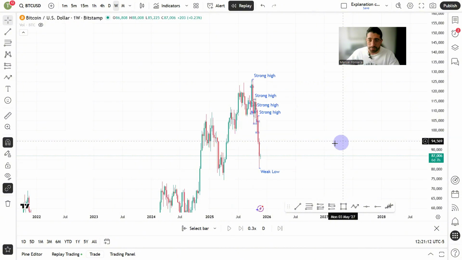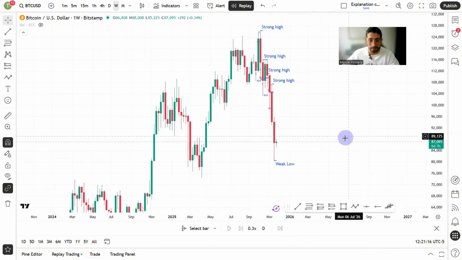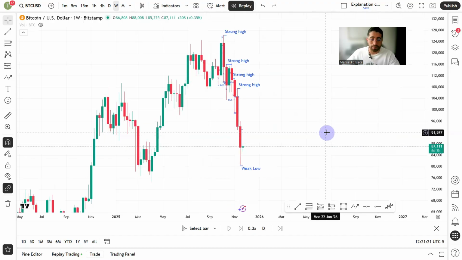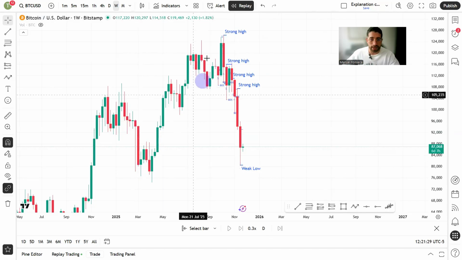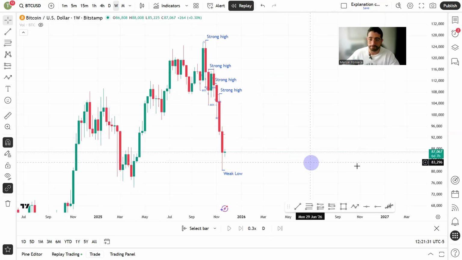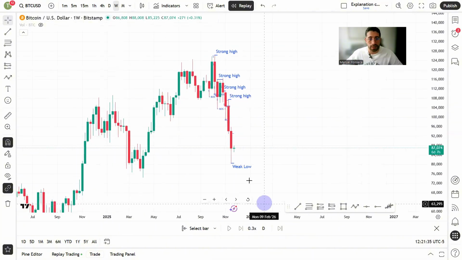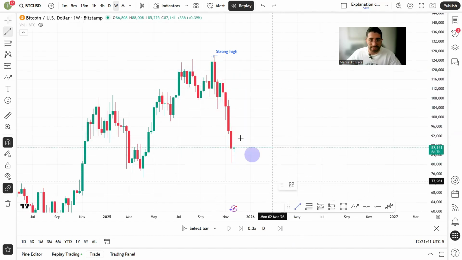Now, look how interesting. Just with this concept of a strong high and strong low, I have changed the time frame to a weekly time frame in bullish in the Bitcoin, right? Weekly. So a lot of weeks, right? Can you see here the beginning of a range and the end of a range? I bet you can. Let's do the next.